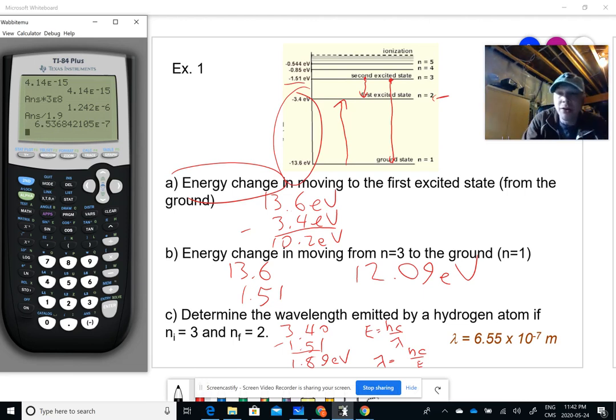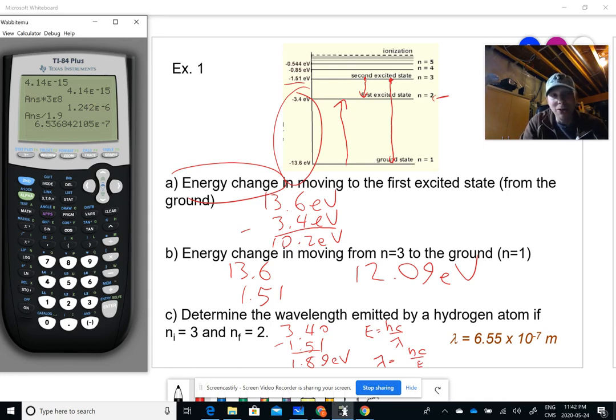So I don't know. They must have been using a slightly different value, or actually, this is a good time to talk about this. Whenever you're using electron volts, if you convert it into joules and then use Planck's constant in terms of joules, you're going to get a slightly different answer because it's a rounded answer.